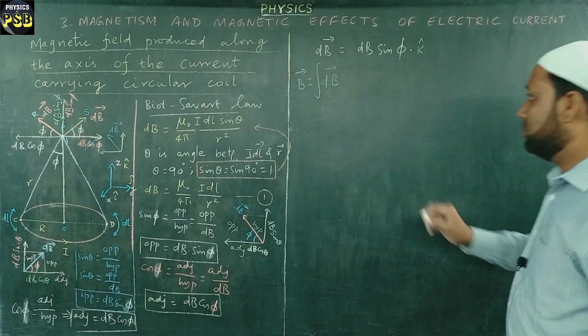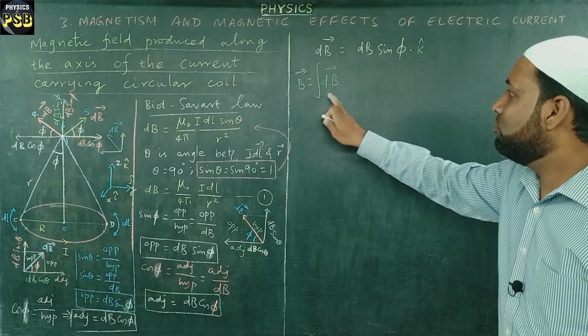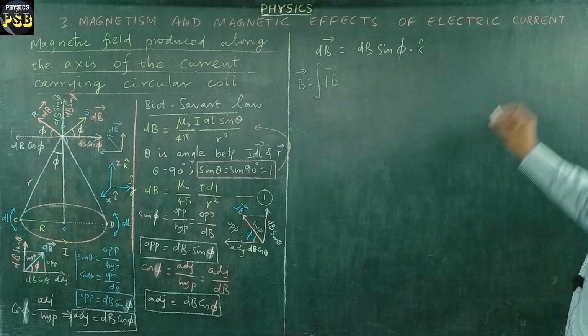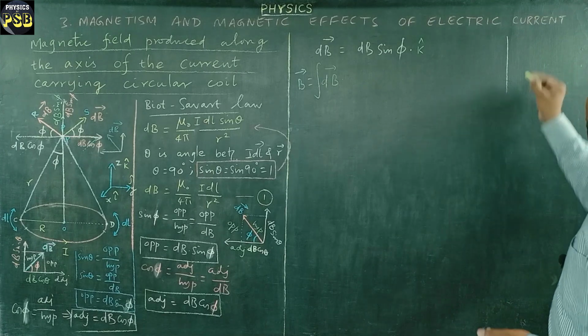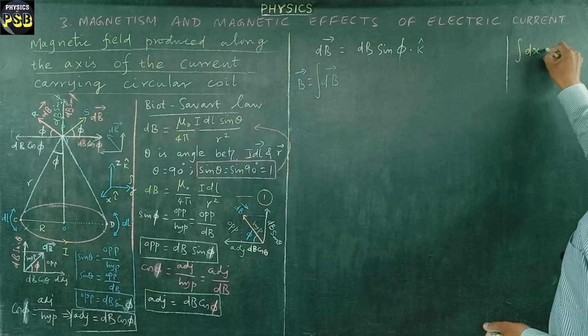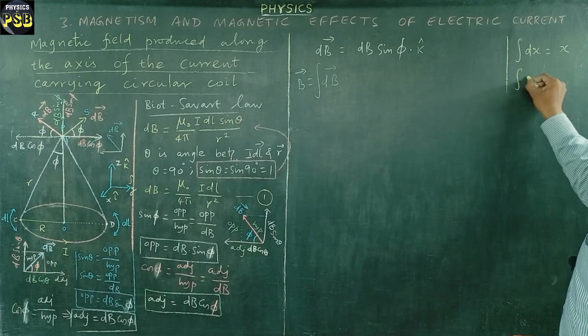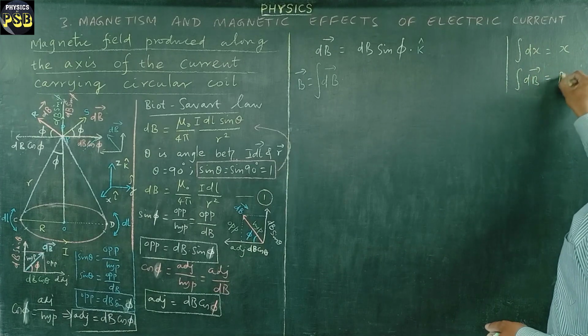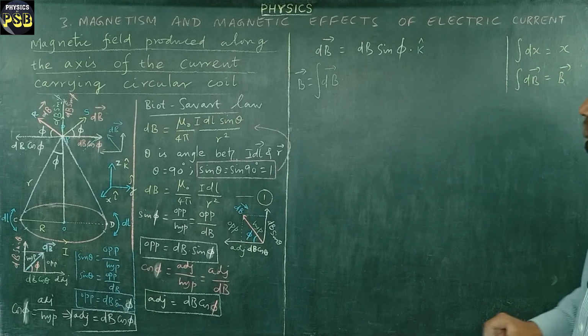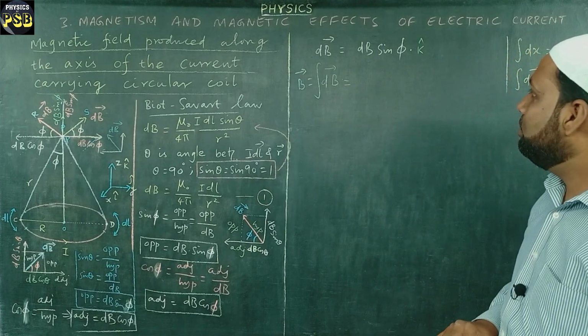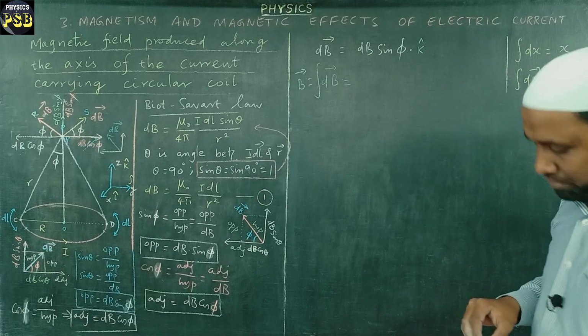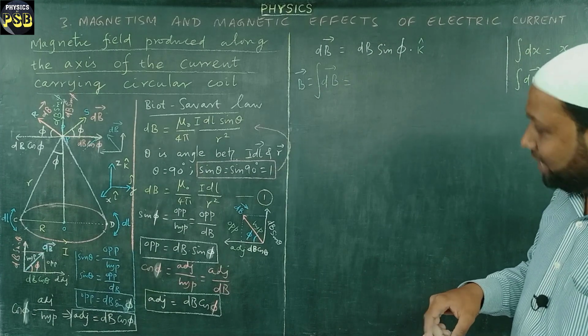Okay. And why do we get the B vector from the integral of the dB vector? Let me show this to you. Here we know that if you integrate dx, we get x. In a similar way, if you integrate the dB vector, we will get the B vector. This is what I have shown here. Now I am going to substitute the value of the dB vector from here. By doing so, what do I get? I get this.